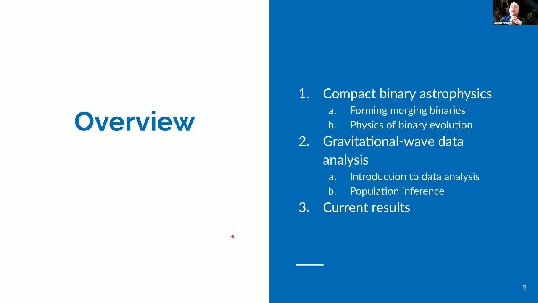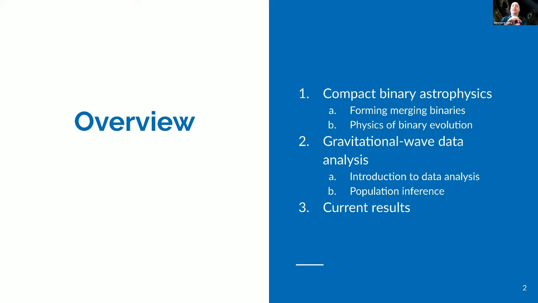Each one of these is highly detailed, so we won't have the time to go through these fully, but hopefully enough to give you an overview of the basics of these and, importantly, how they all fit together to tackle the problem of how we understand what is going on with the evolution of compact binaries. So this is binaries made up of compact objects such as black holes and neutron stars.